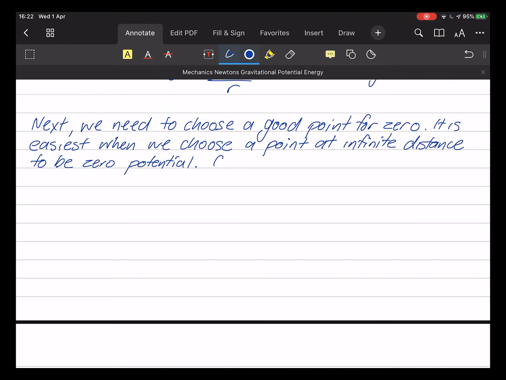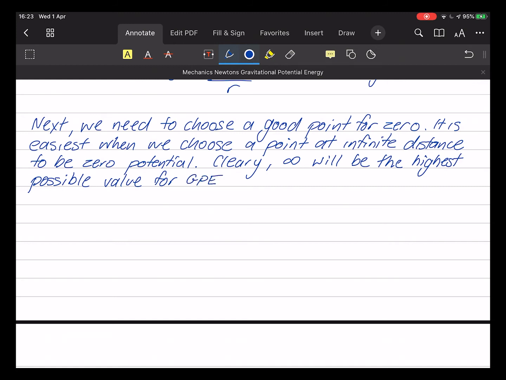So clearly, infinite will be the highest possible value for the gravitational potential energy.